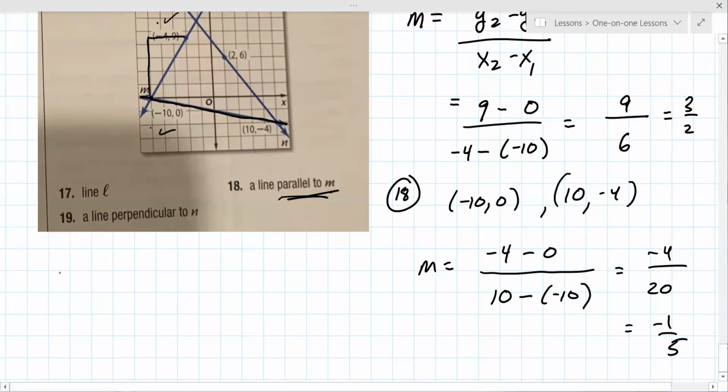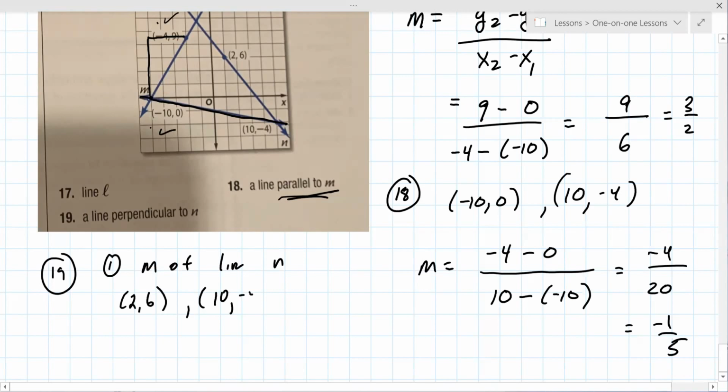Let me know when you're ready to move to 19. Exactly. Okay, so perpendicular to n, there's a lot in that. You have to first find the slope of line n. We're going to use the points 2 comma 6 and 10 comma -4.